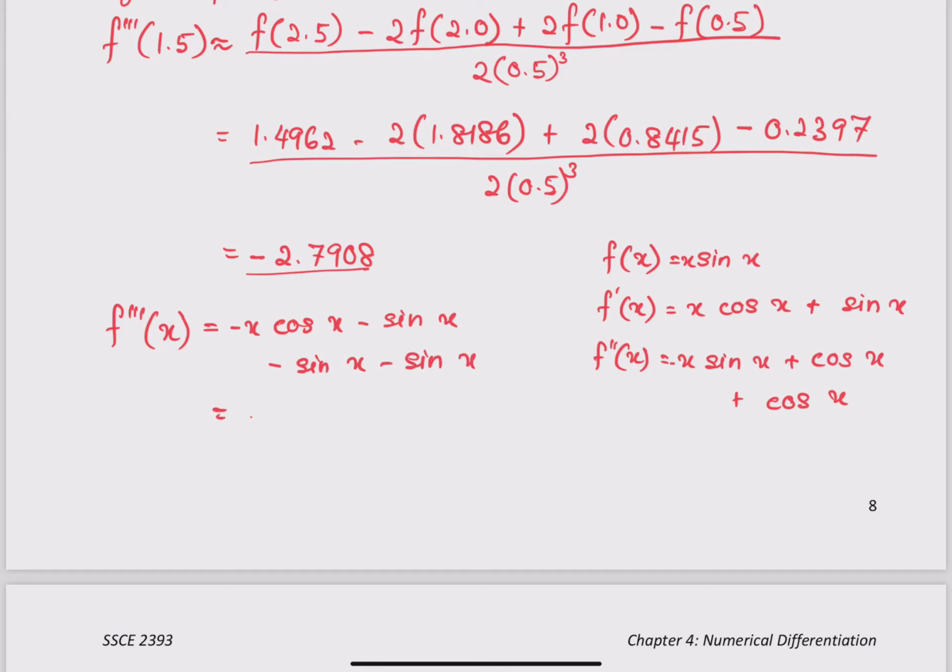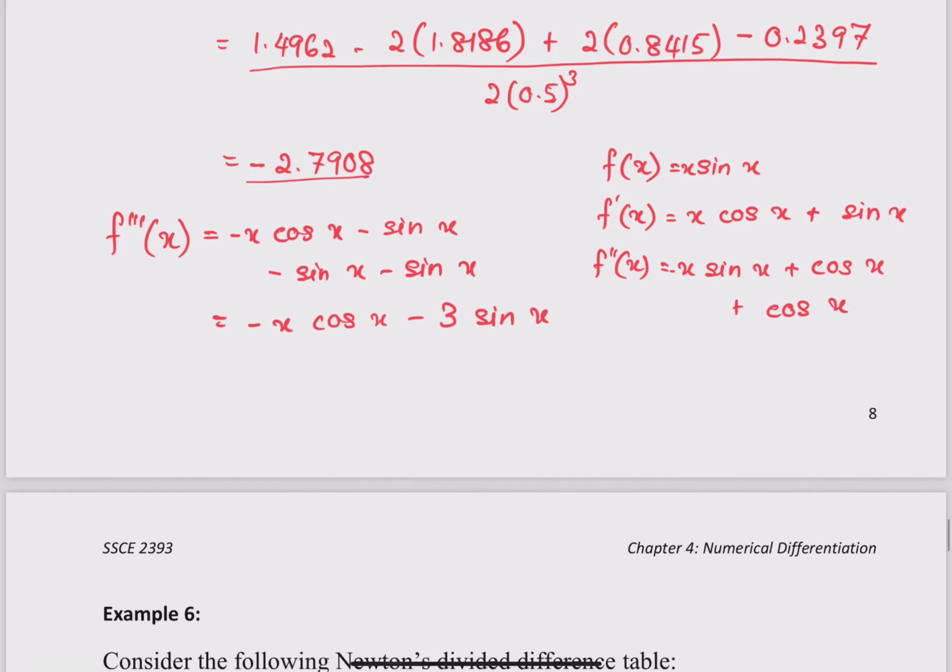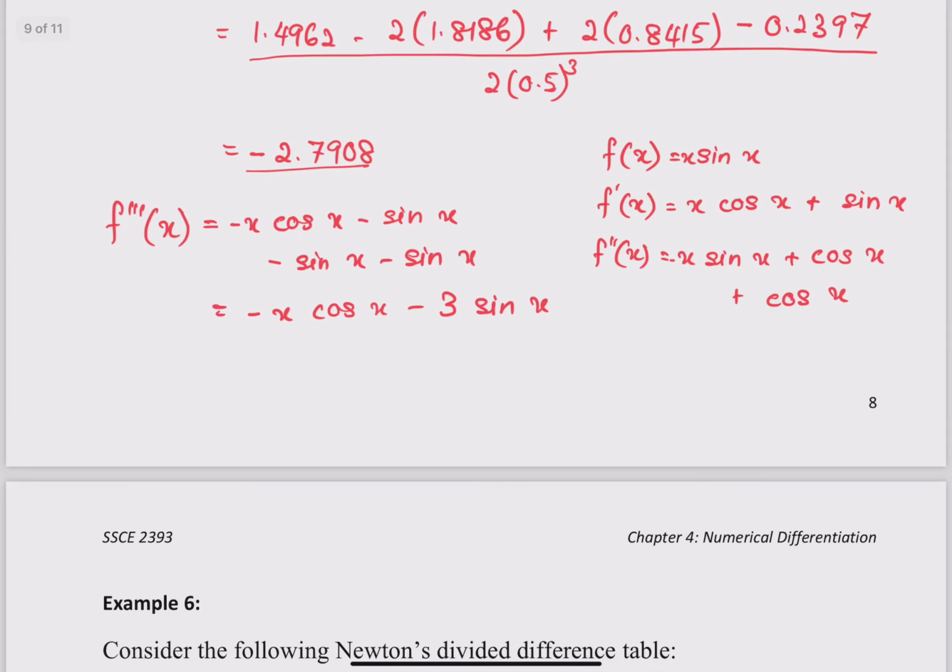So you will get minus x cos x minus 3 sine x.